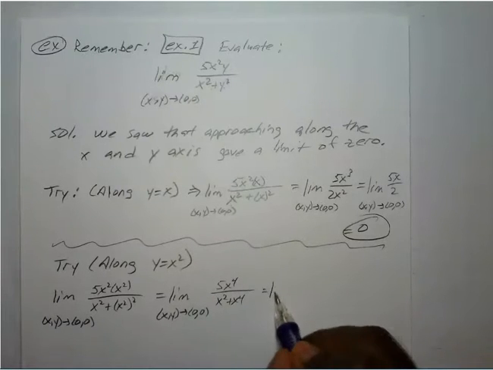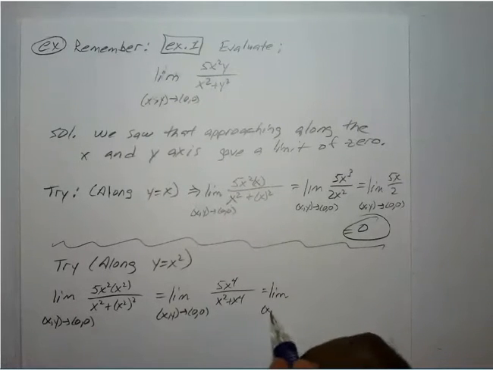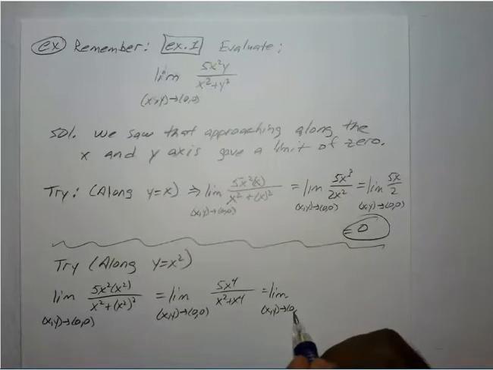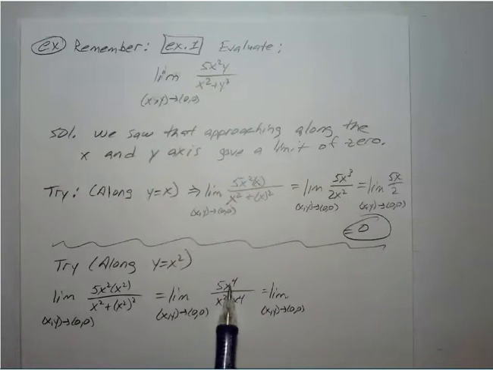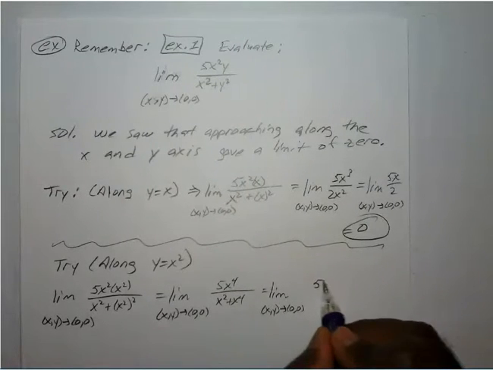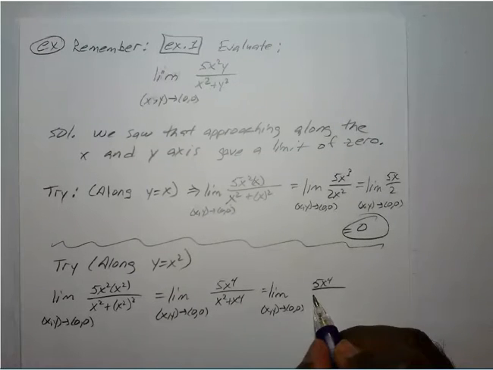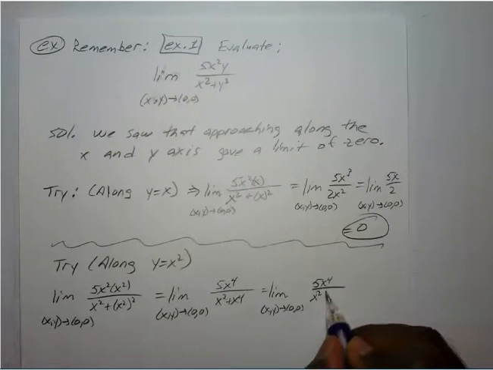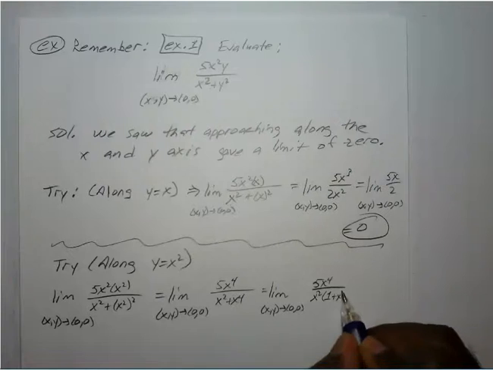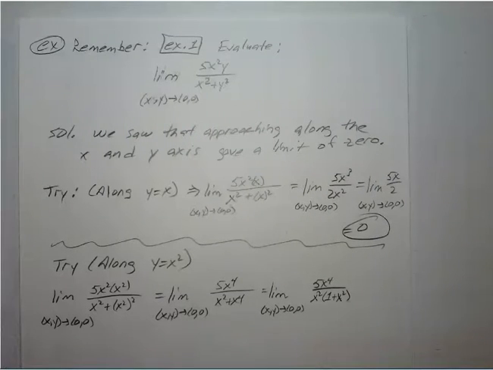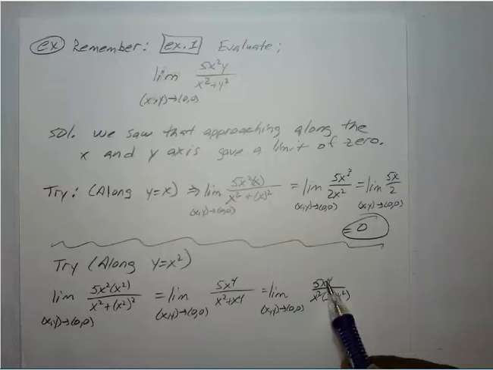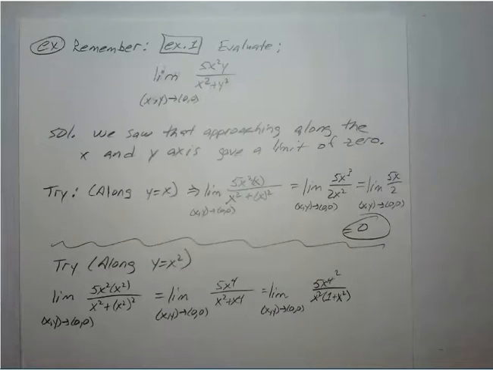Okay, so that gives us the limit as (x,y) approaches (0,0) of 5x to the fourth over, we factor x squared out of both of those, x squared times 1 plus x squared. This cancels out with 2 of those, so we have x squared.